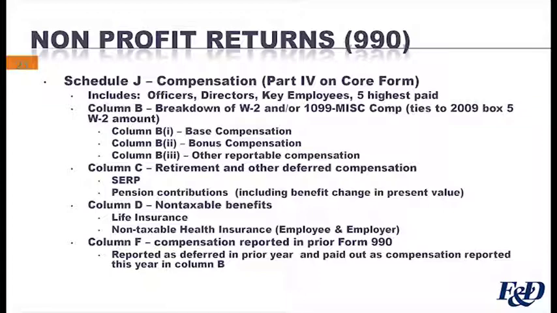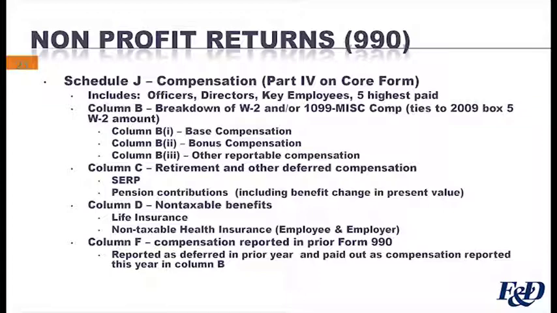One thing to keep in mind when reviewing the Schedule J, compensation as reported on this schedule is required to be on a calendar year despite what your fiscal year end may be. For example, if your fiscal year ends September 30th, 2013, the compensation reported on the Schedule J would be for the previous calendar year, December 31st, 2012.